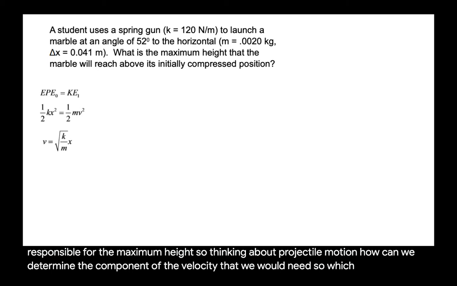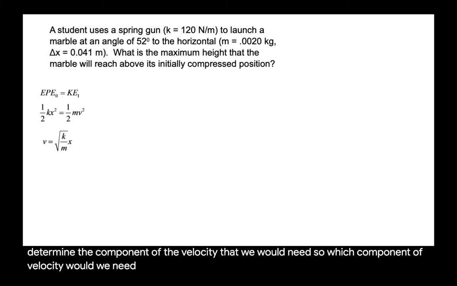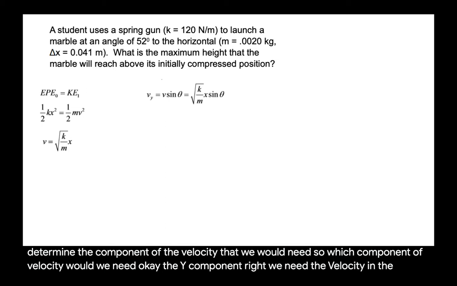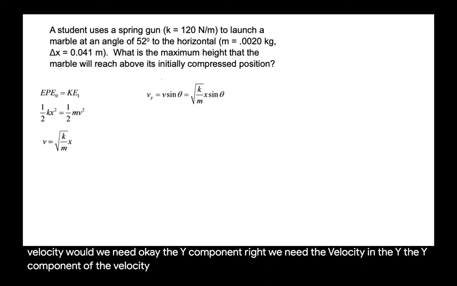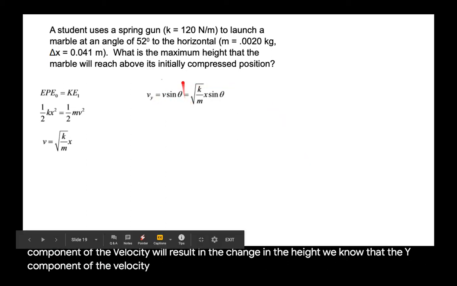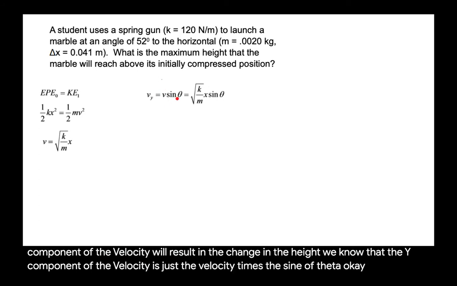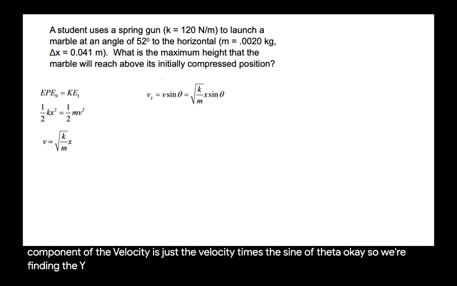Which component of velocity would we need? Okay, the y component, right? We need the velocity in the y. The y component of the velocity will result in the change in the height. We know that the y component of the velocity is just the velocity times the sine of theta. So we're finding the y component of the vector by multiplying by the sine of theta.